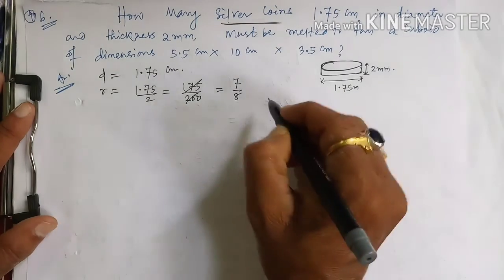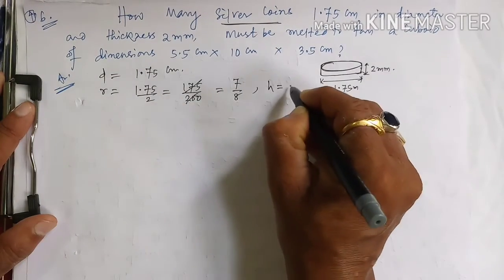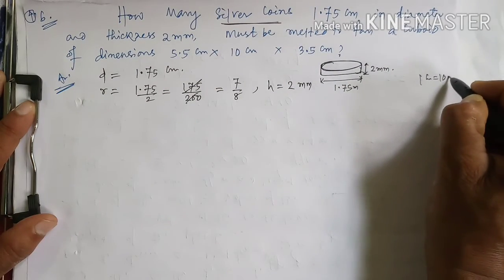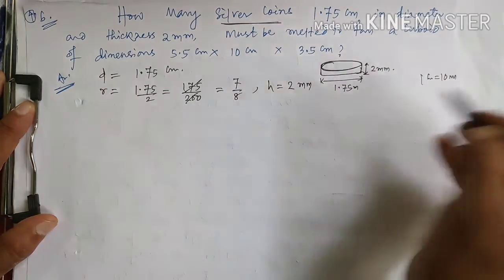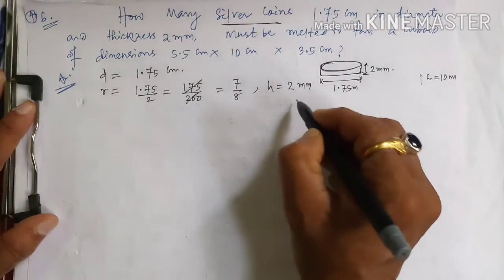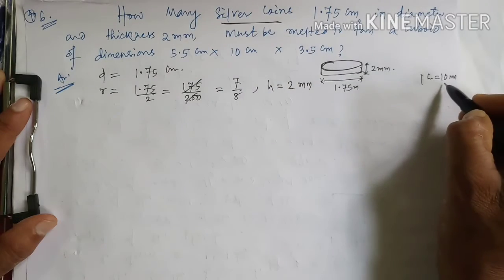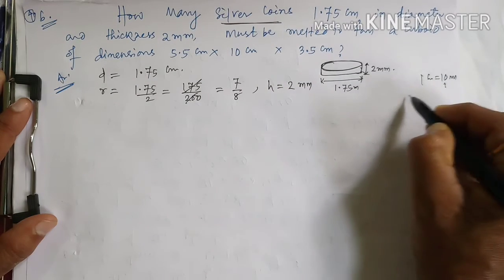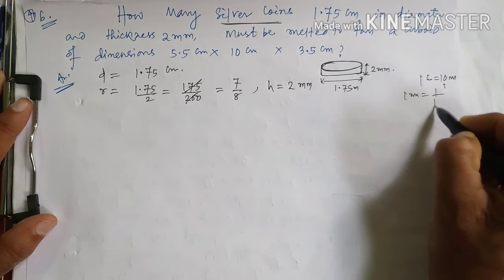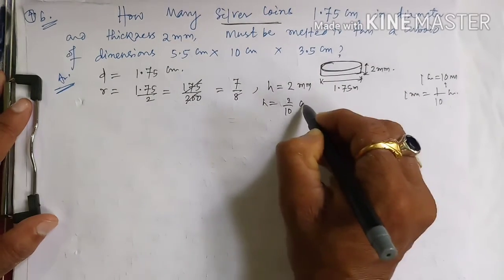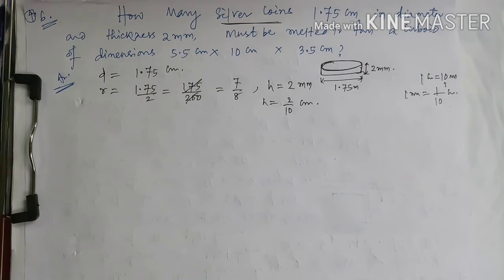This is the radius, and height equal to 2 millimeter. 1 millimeter is equal to 1 by 10 centimeter. 2 millimeter means 2 by 10 centimeter or 0.2 centimeter.